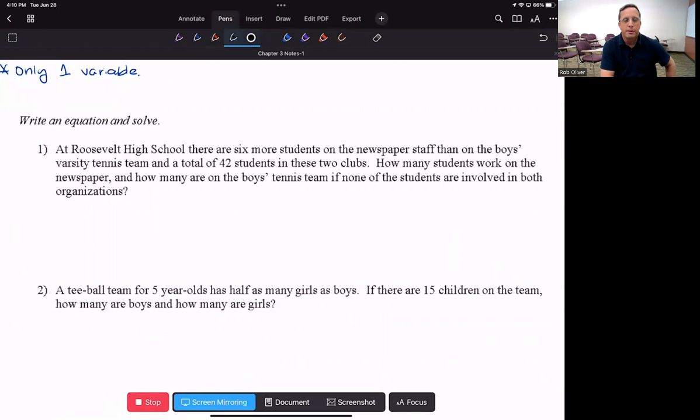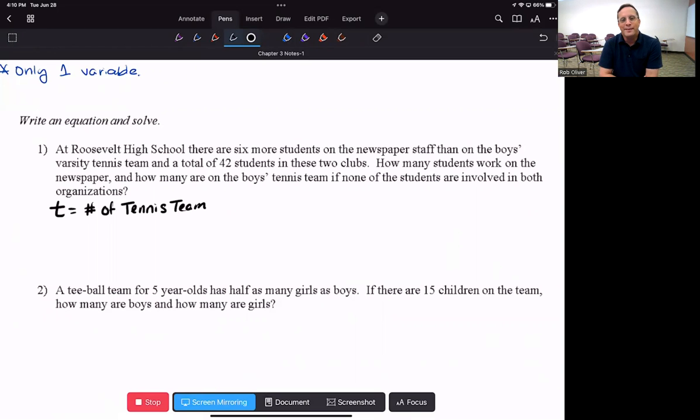So there are 6 more people on the newspaper staff than on the tennis team. So let's say T represents the number of people on the tennis team. Okay, so the T will represent that.